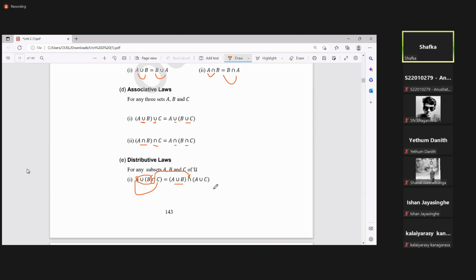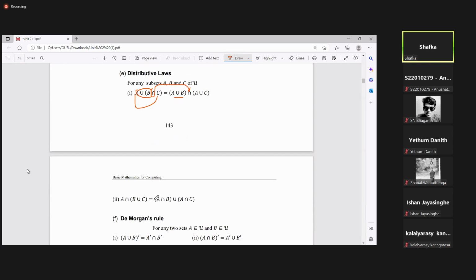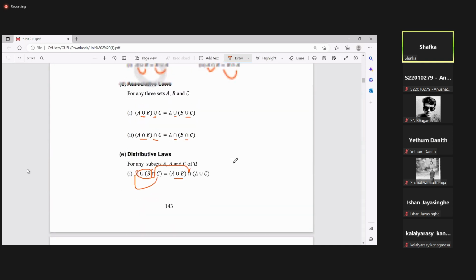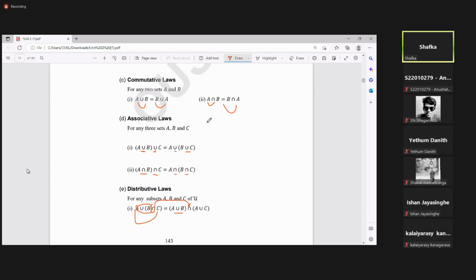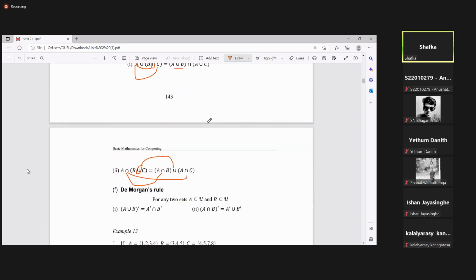The other way around, if you have A intersection, B union C, you have to take it as A intersection B, union, A intersection C. This operator comes here, and this comes here and here. These are the two different distributive laws. Don't confuse the associative law and the distributive law.